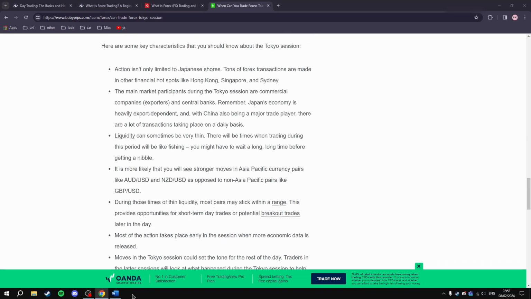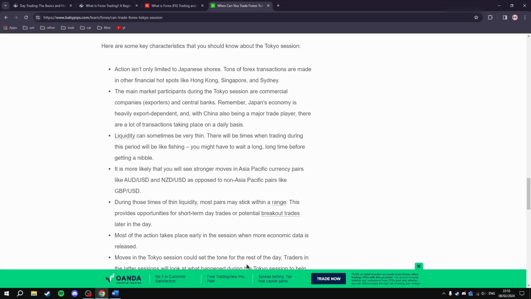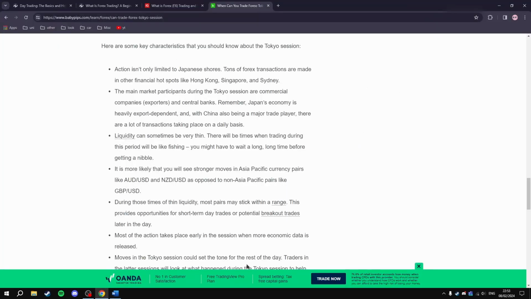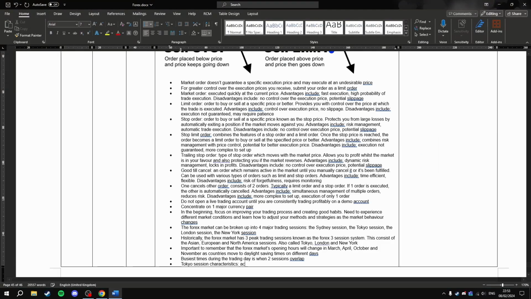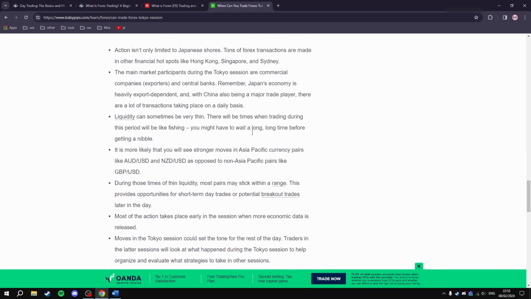Right, okay, so, Tokyo session characteristics. Action isn't limited to Japanese shores.